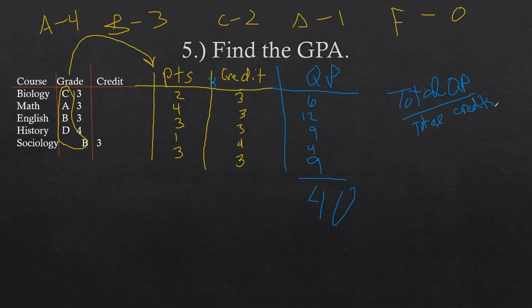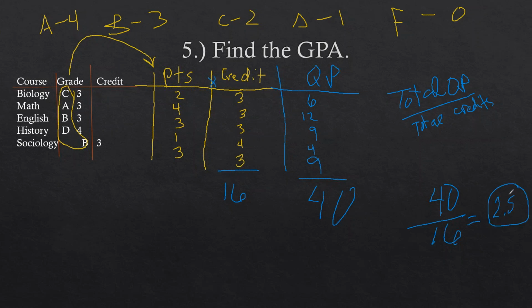So you don't want to be points divided by points, then you're undoing what you just did. So we divide by our total credits. And in this case, what is that answer? 16. Yeah. So your GPA would be 40 divided by 16, which is 2.5. That D really hurt you in history.